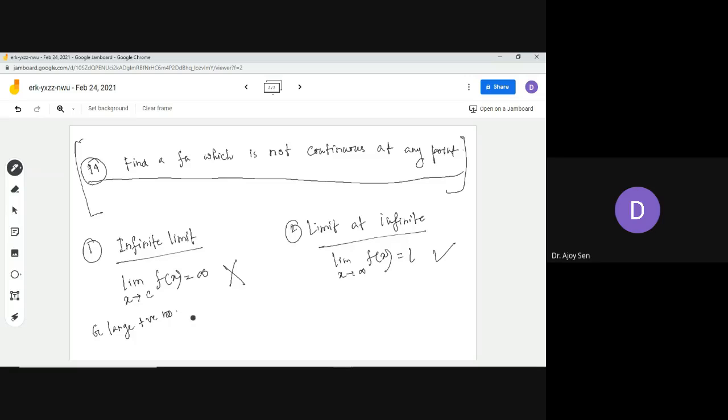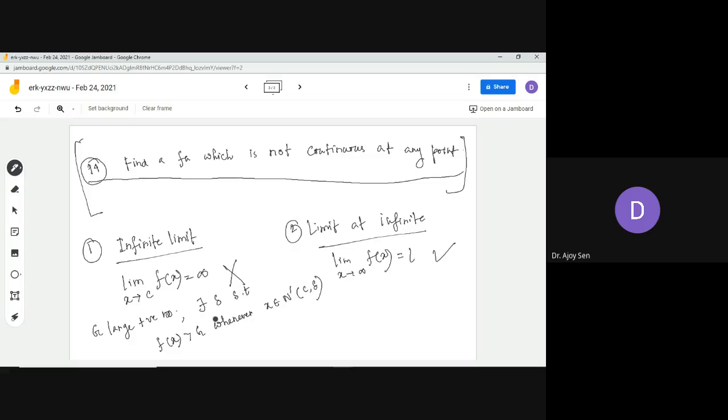So this is a fixed number, then there exists a delta such that, if you fix g you will be able to find a delta such that f(x) is greater than g whenever x belongs to the deleted neighborhood N'(c, delta).